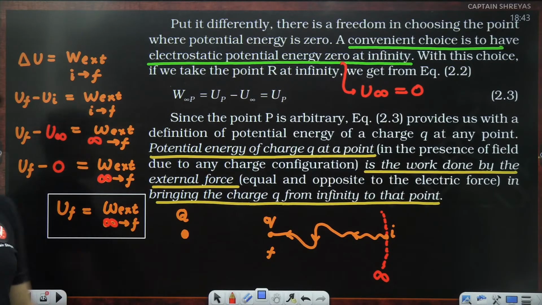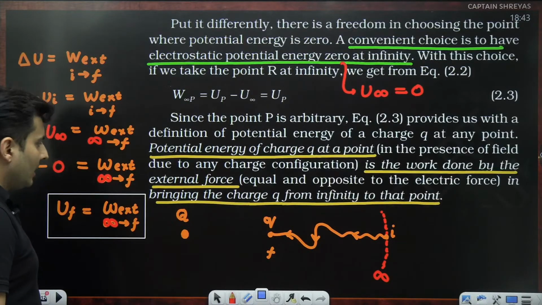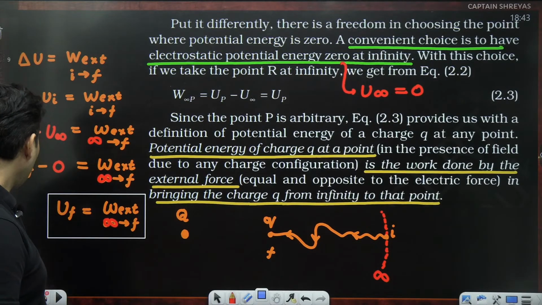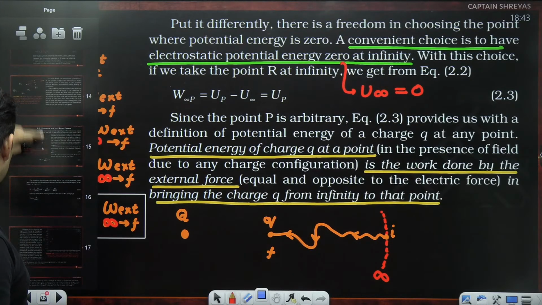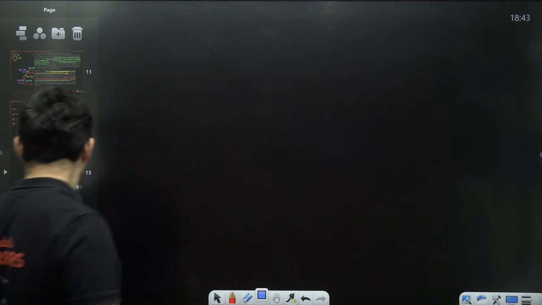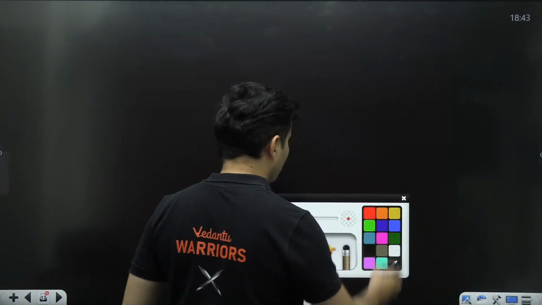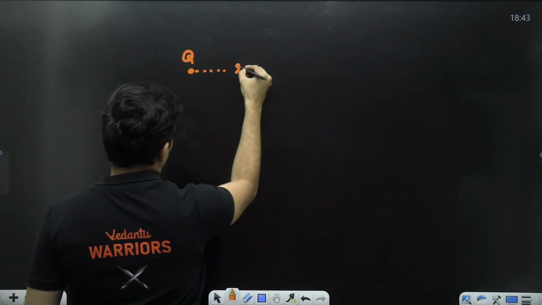Great. Let's move ahead. So energy is done. I think they have not mentioned this, but I will tell you over here. This formula comes for two charges separated by some distance.